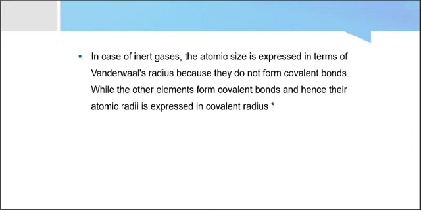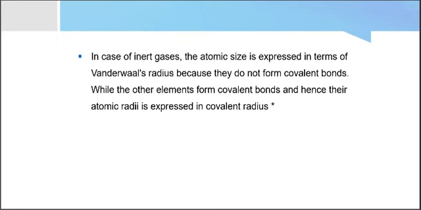Since why will they form a bond? Because the main reason for forming a bond is to fill the outermost shell, to be stable, but since it is already stable, it has the maximum number of electrons, and by the octet rule its outermost shell is completely filled, so they do not form covalent bonds.